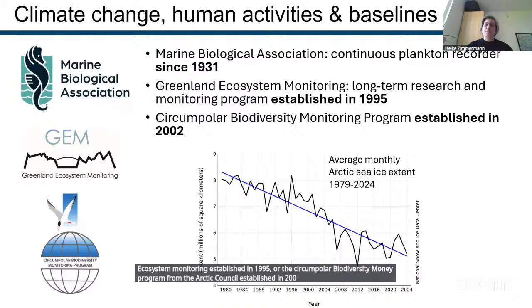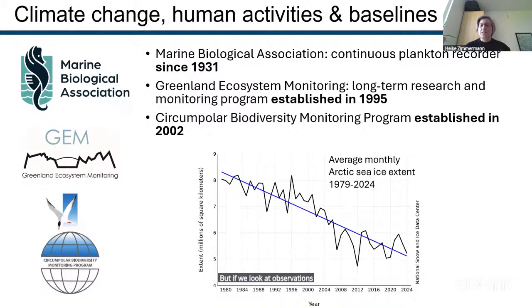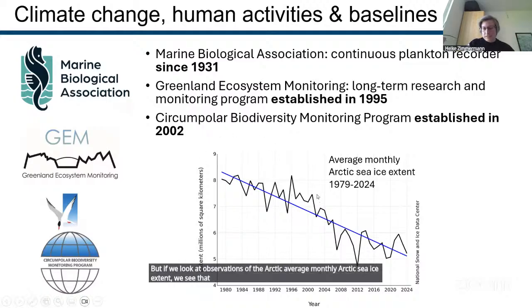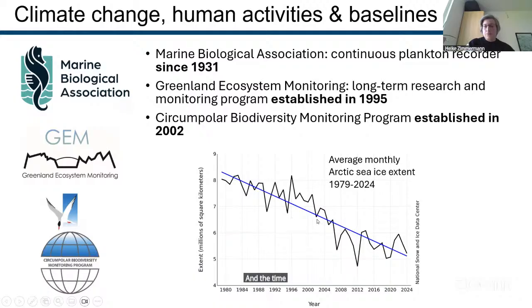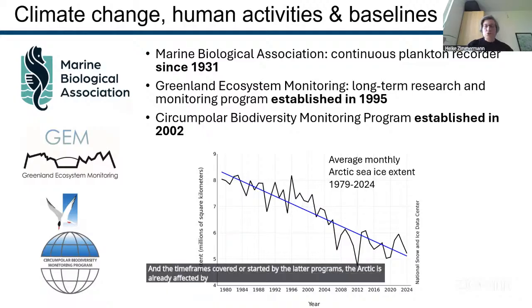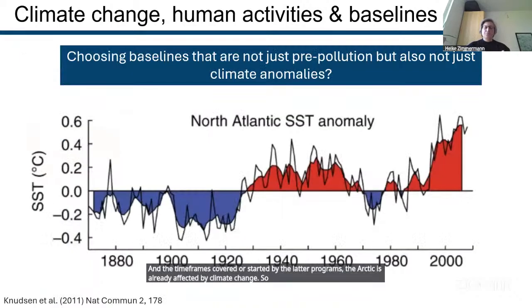But if we look at observations of the average monthly Arctic sea ice extent, we see that especially in the timeframes covered or started by the latter programs, the Arctic is already affected by climate change. So we need to go a little bit further back in time.